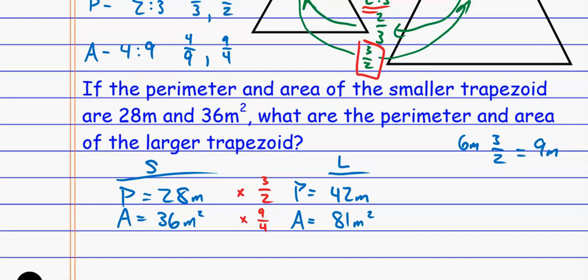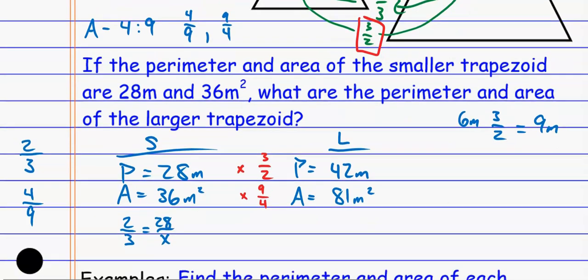You could look at it this way and say, hey, the proportion for the perimeter is the same as the scale factor, it's 2/3. The ratio for the areas is then going to be 9/4. And then you could solve this like a proportion. You could say, hey, the perimeter is 2/3 equals, well, that's small to big, so here, small over big. You can cross multiply and solve, and you'll get the 42 that we ended up with, okay?